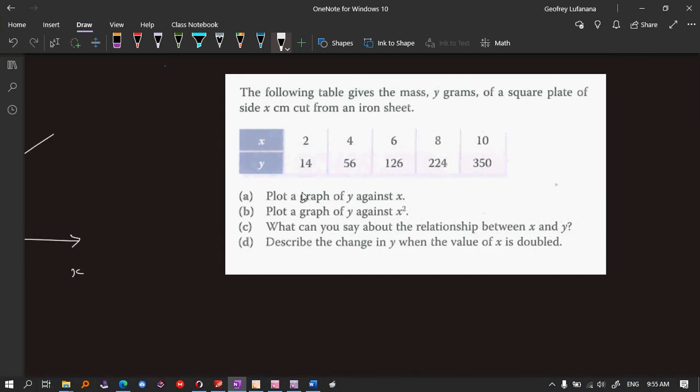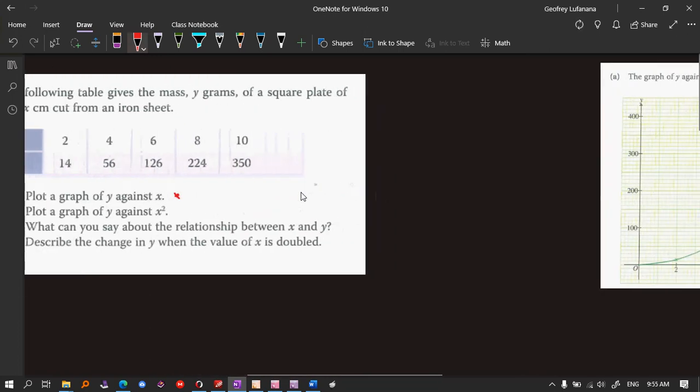The following table gives the mass y grams of a square plate of side x centimeters cut from an iron sheet. We have values of x and values of y. If we plotted a graph of y against x, it would come out like this.